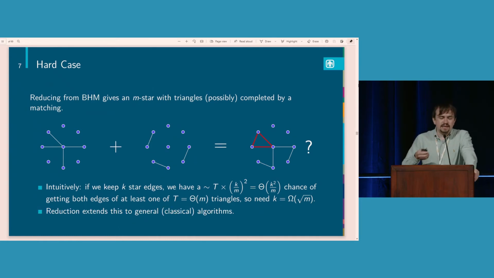So if T is linear in m, this means you're going to need k to be about root m if you want to have a constant chance of distinguishing between 0 and T triangles. And what the reduction from Boolean hidden matching tells you is that this is basically tight up to log factors.